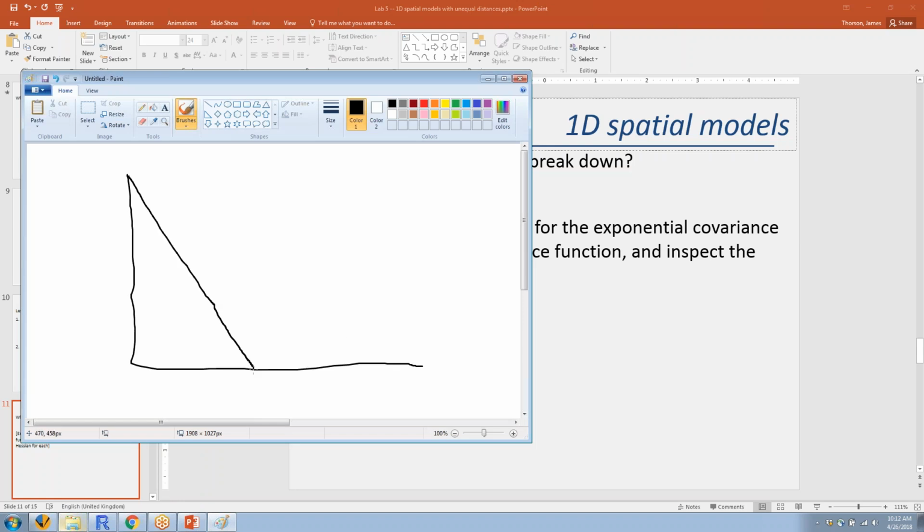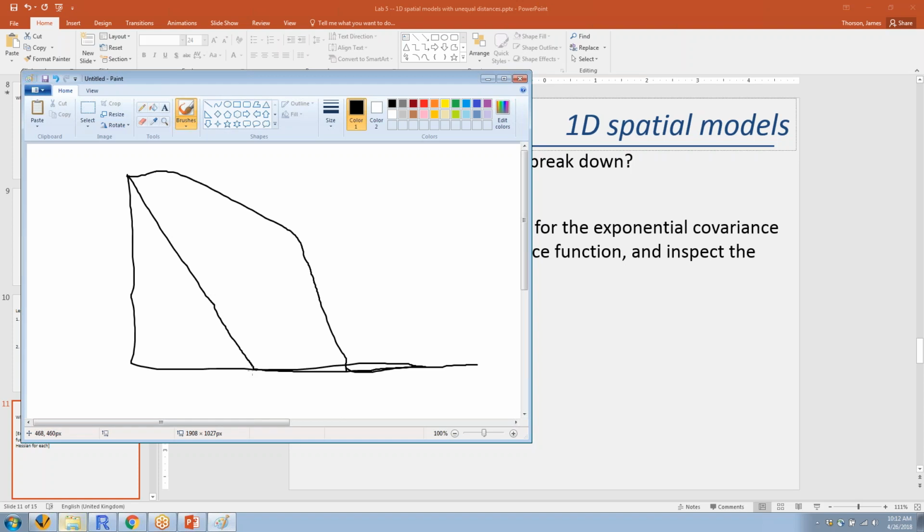The linear just goes down and then hits 0 and stays at 0 past that. Or spherical looks like something like that, and hits 0 and then stays at 0. And the point is that the spherical and the linear are not differentiable, because the linear has a negative slope, and then it hits 0 and becomes equal to 0, so that function is not differentiable at the point where it hits 0.